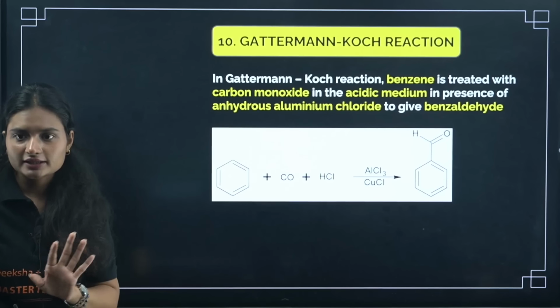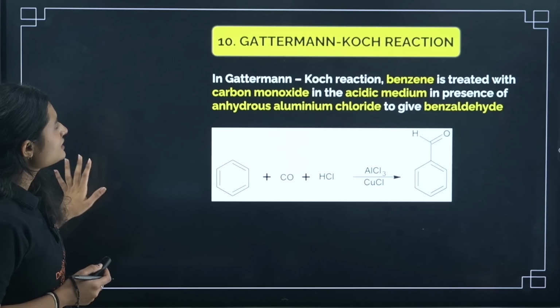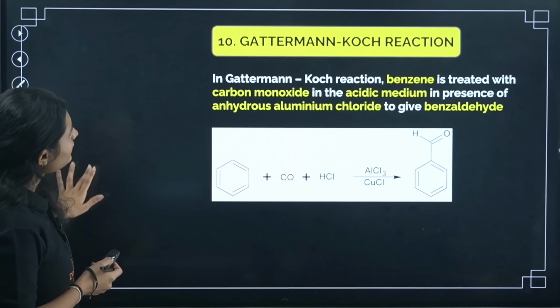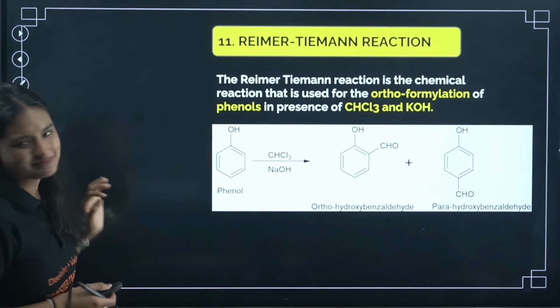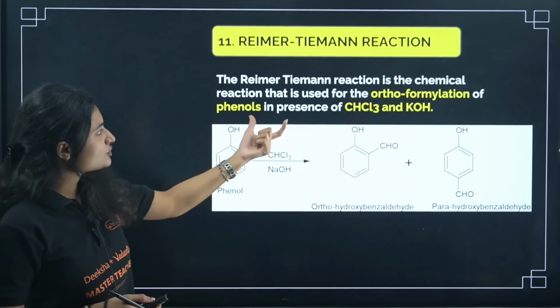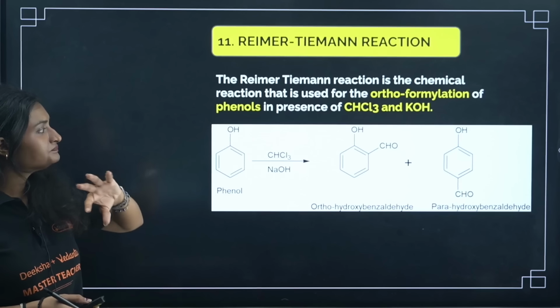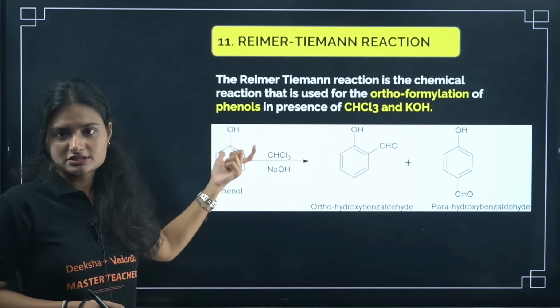Clear? Done. Next reaction is the Reimer-Tiemann reaction. This reaction is used for incorporating an aldehyde group in aromatic phenols.